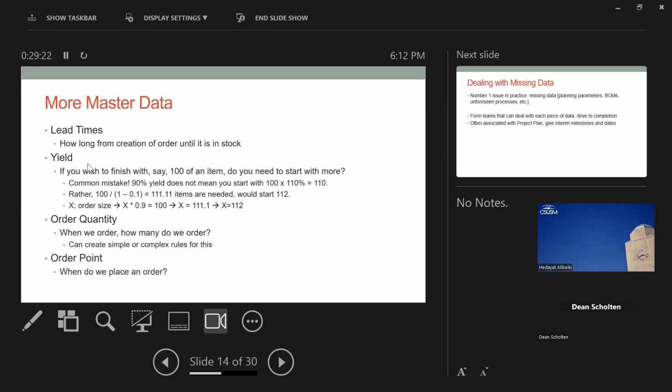The reason is, if yield is not 100%, and for example we need 100 units, this is actually 100 units that we need to, for example, sell or consume.